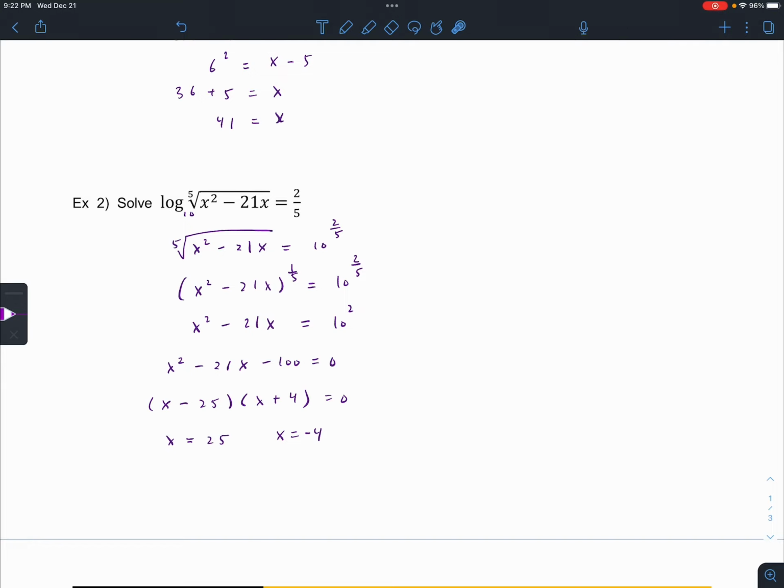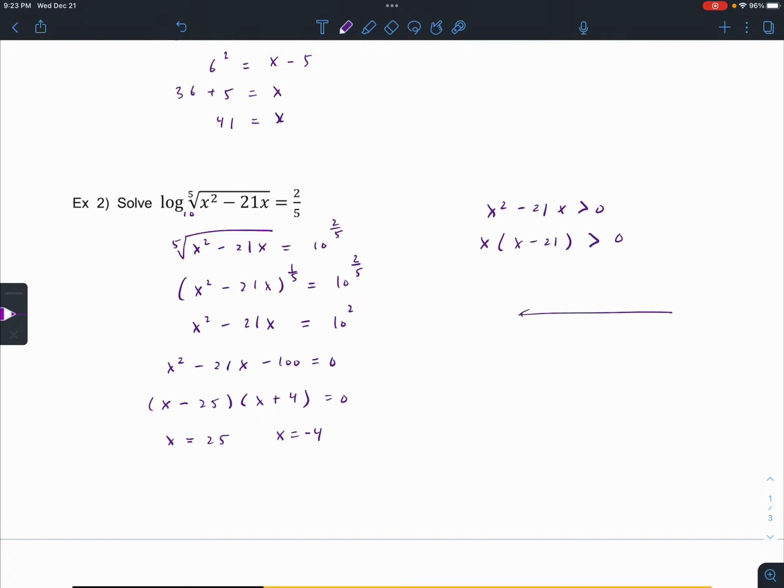Now looking at example 2 for the restrictions, we can't have a negative. We also need something that's greater than 0. So if we try to figure out what they are, we would actually have to take the x squared minus 21x, and we would have to set it to be greater than 0. We want to solve this inequality. So x times x minus 21 greater than 0. We can use a number line here.